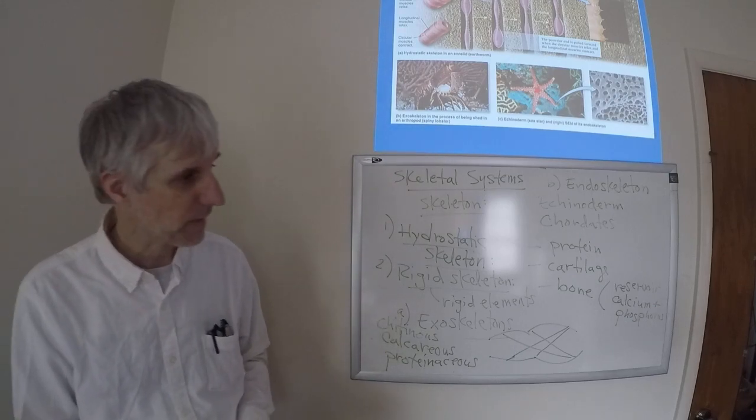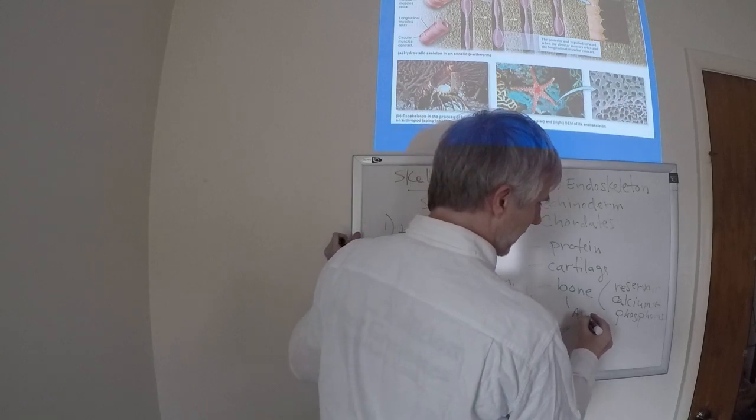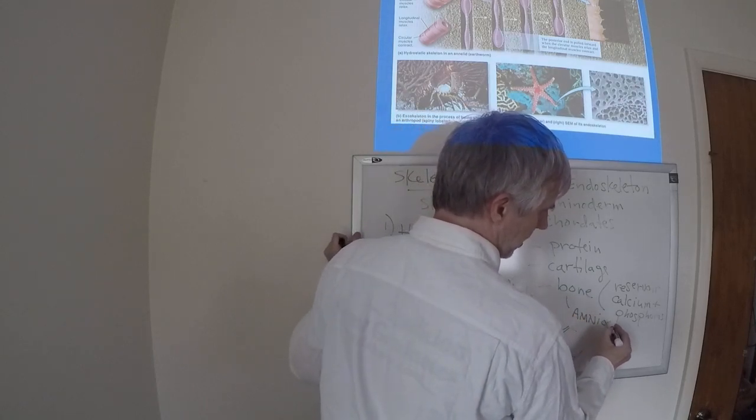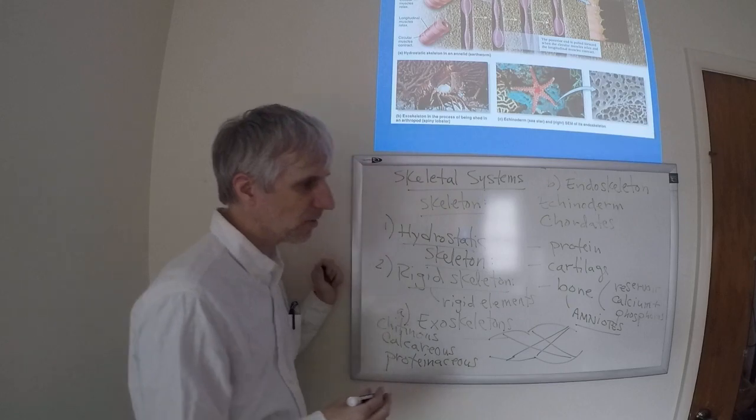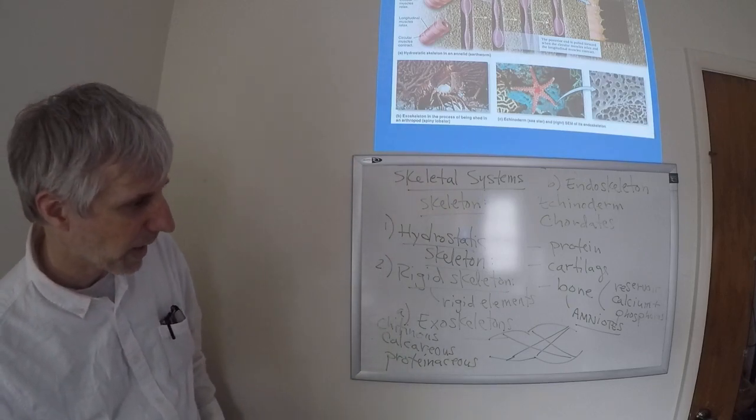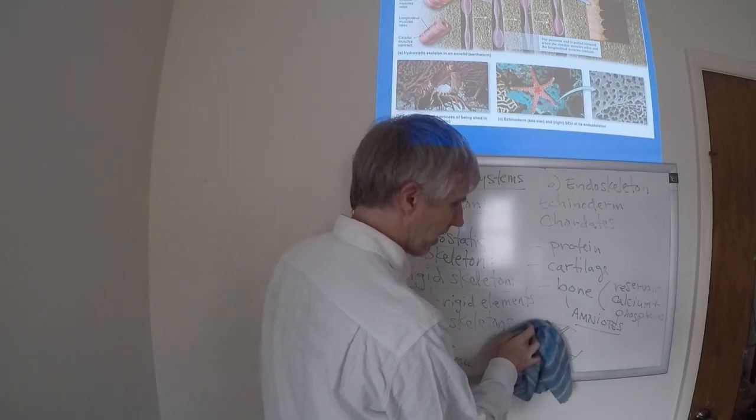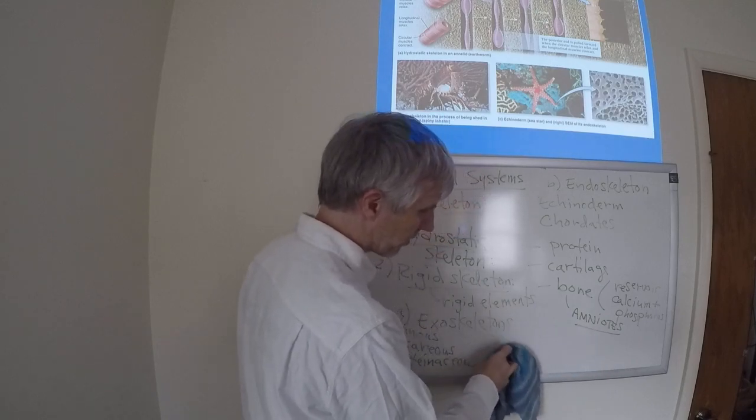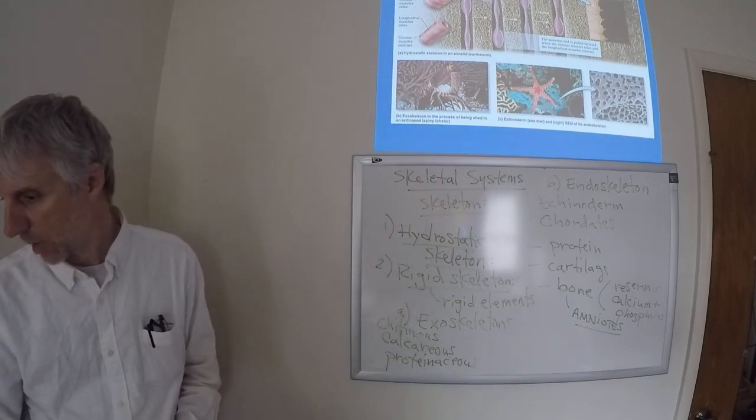Okay? And also, in the amniotes, that's the tetrapods minus the amphibians. So the amniotes includes the reptiles, birds, and mammals.